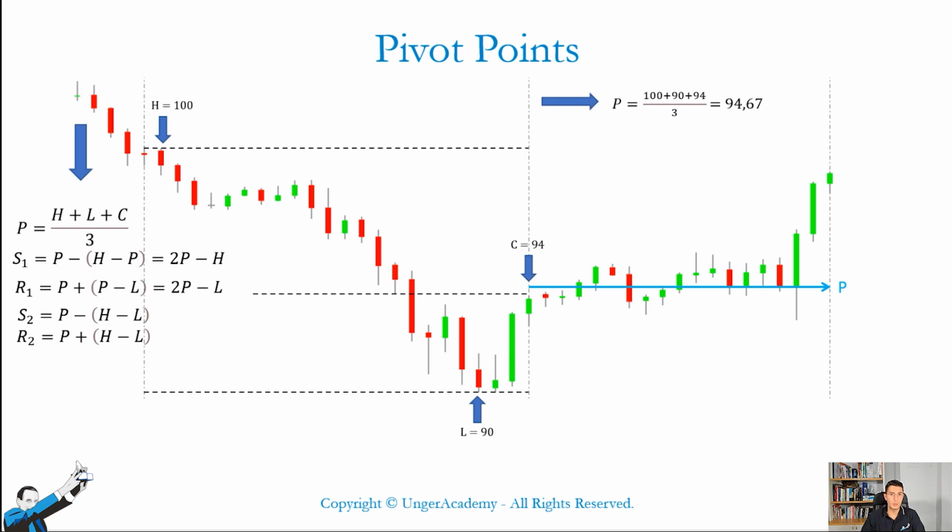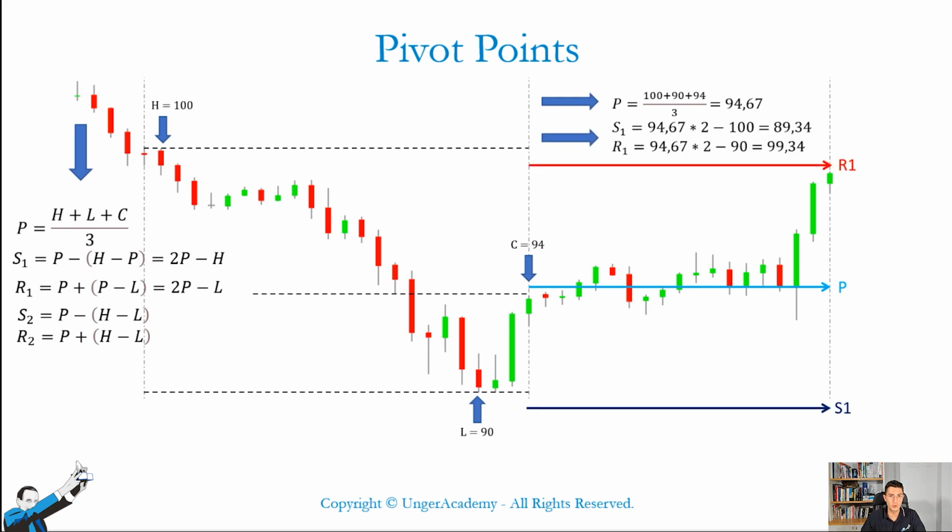Now that we have calculated the pivot, we can find the support 1 and resistance 1 levels, respectively at 89.34 and the resistance at 99.34.